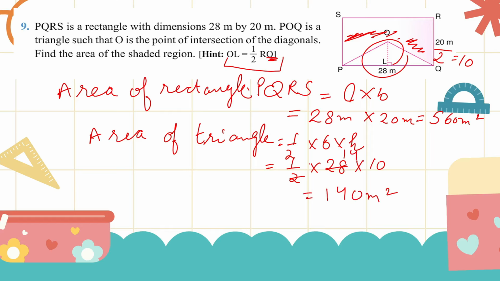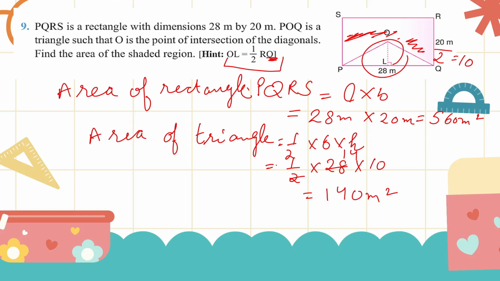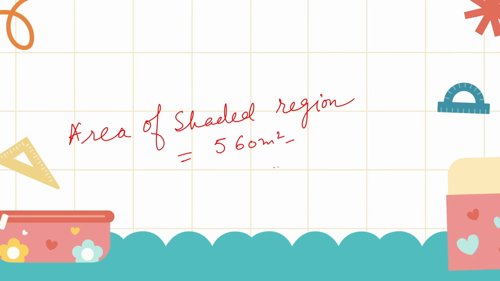Now we have the area of the rectangle, we have the area of the triangle. We need to find the area of the shaded region. It means we need to subtract. How will we find it? Our rectangle's area is 560 meter square, and our triangle's area is 140 meter square.